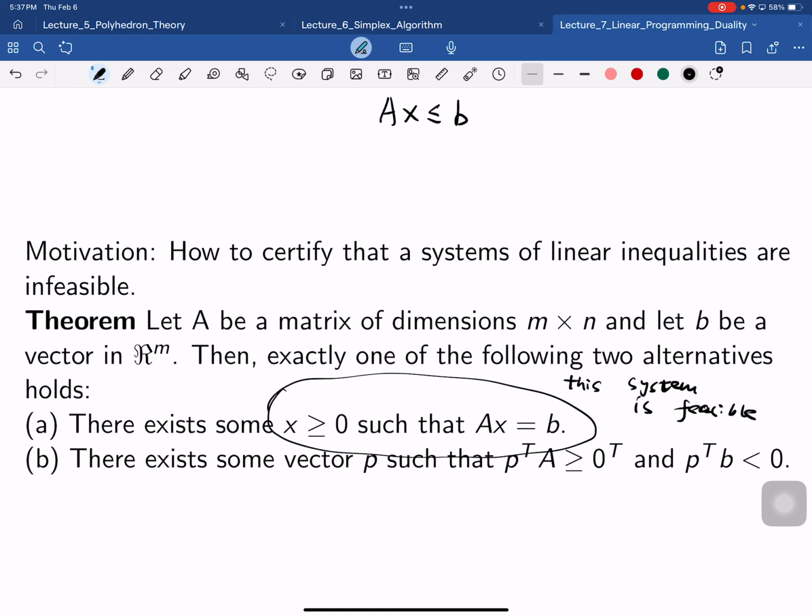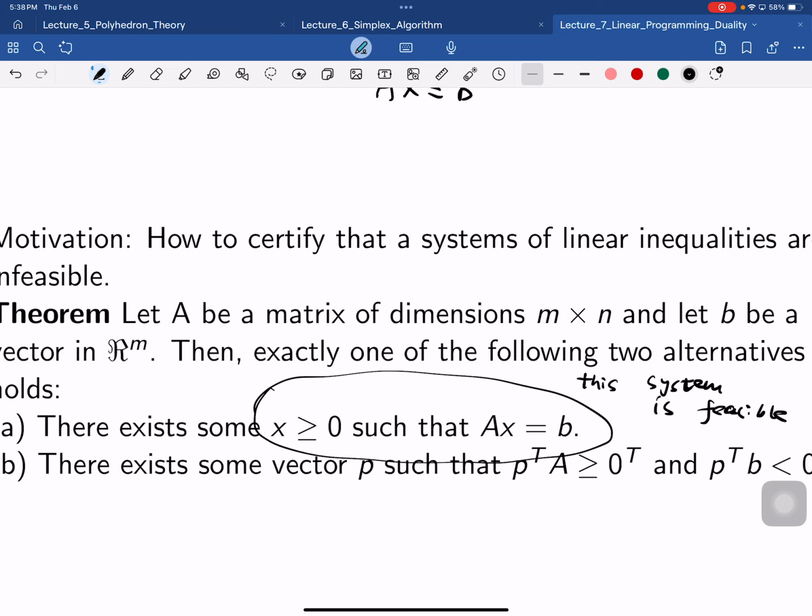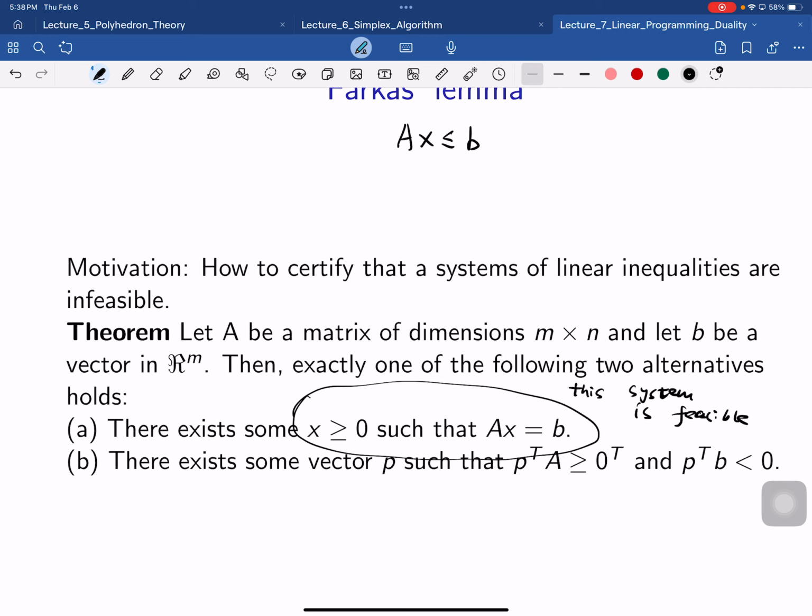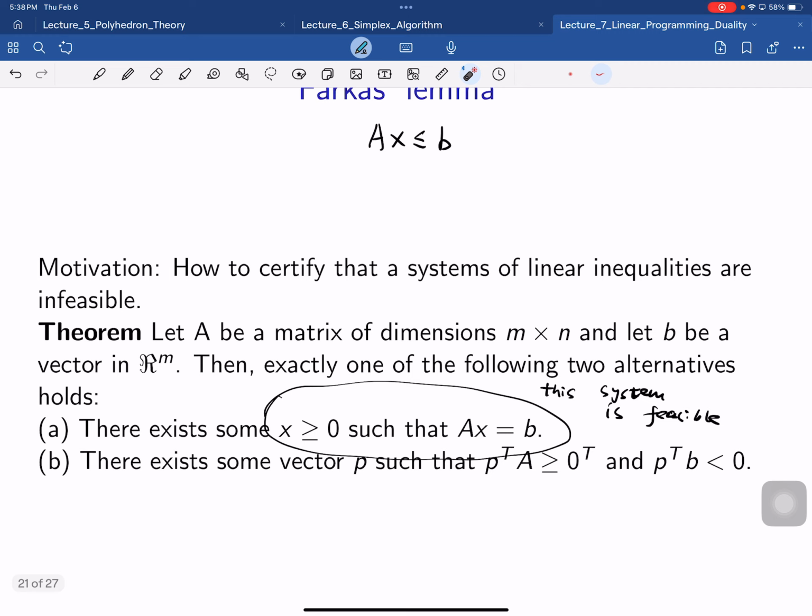And the alternative is to give you a condition where you can show this system is infeasible. Okay. Now, so what is the alternative? So the alternative is saying if this system is infeasible, you can always find a vector p such that p transpose A is greater than or equal to 0, but p transpose b is strictly less than 0. Okay.